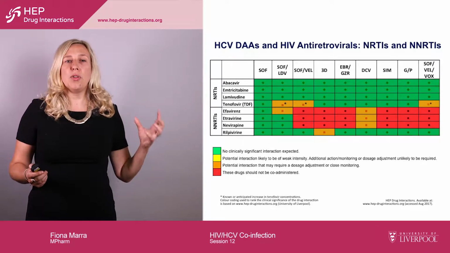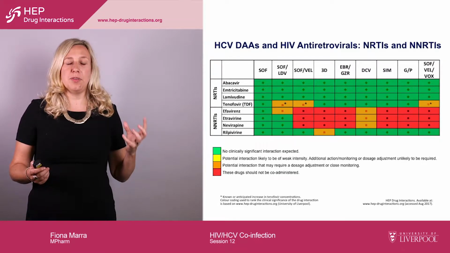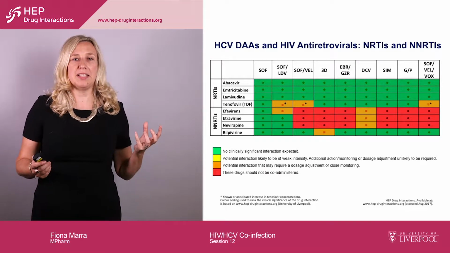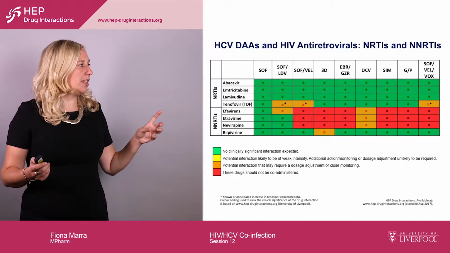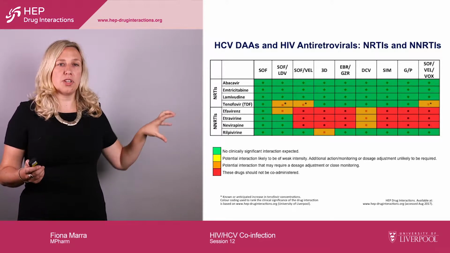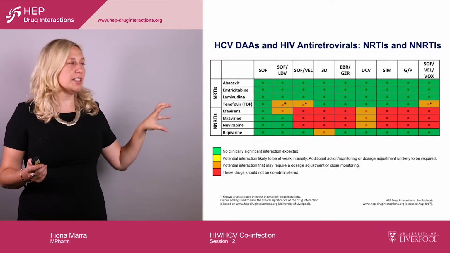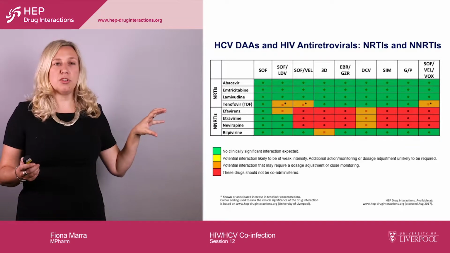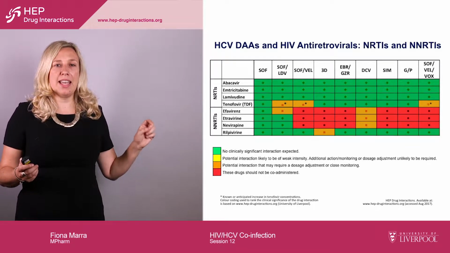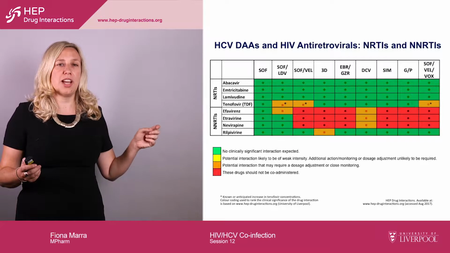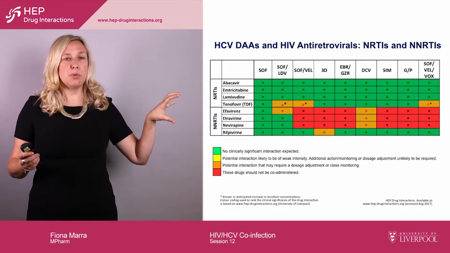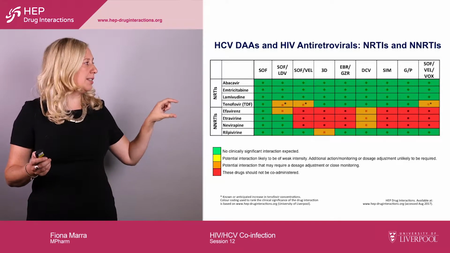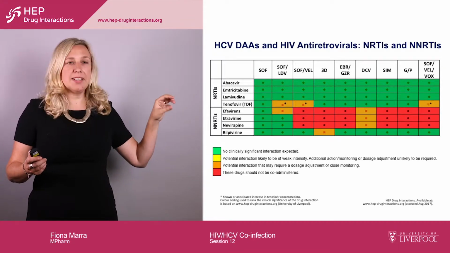So if we look at all the currently licensed agents for the treatment of genotype 1 hepatitis, and currently licensed agents for the treatment of HIV, we can see that there's quite a lot of drug interactions that we need to think about for different agents. And this table looks at the NRTIs and the NNRTI groups of HIV antiretrovirals. So we can see across the board, looking at the different DAAs, that we do have red combinations.